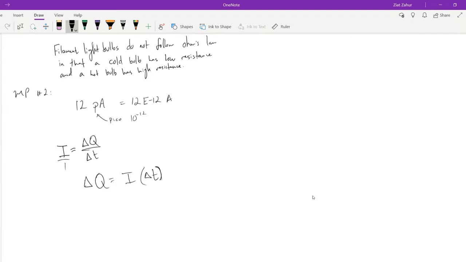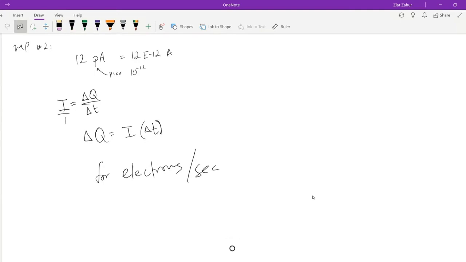Every second, 12 times 10 to the -12 coulombs of charge passes through the wire or through the ammeter. So if I just want electrons per second, we can just divide the current by the charge of the electron.